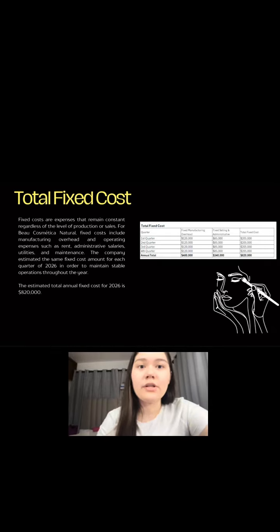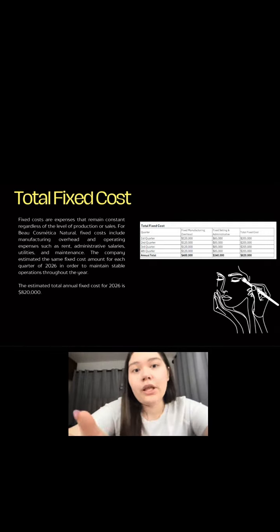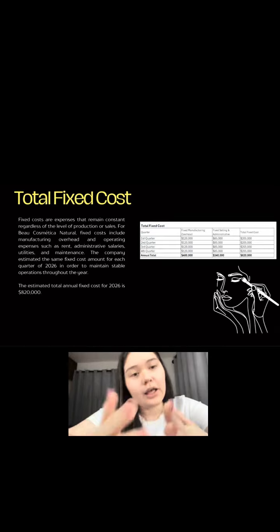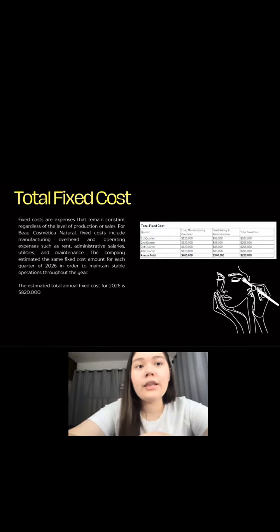Next, the company estimates total variable cost for each product. Variable costs change according to production and sales levels because obviously they include direct material, direct labor, and production related expenses. Like I told before, the estimated total annual variable cost for all the products is $4,041,500.